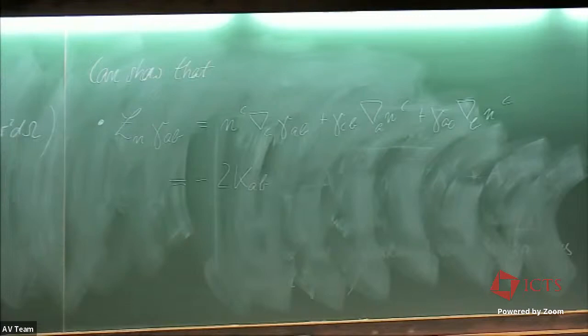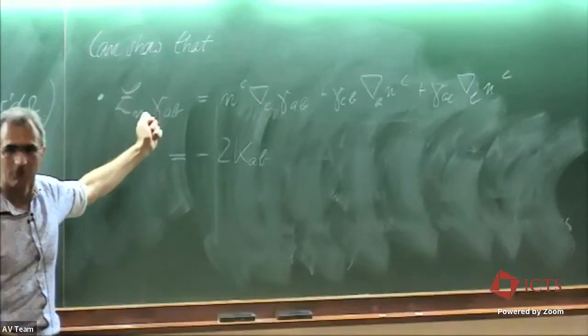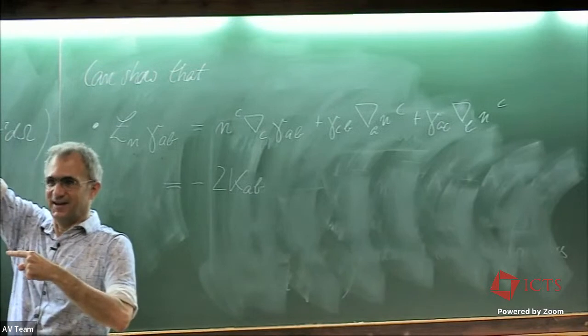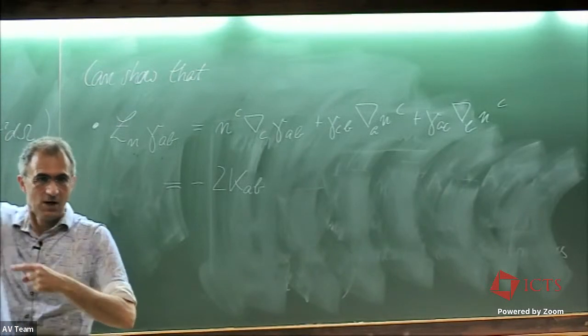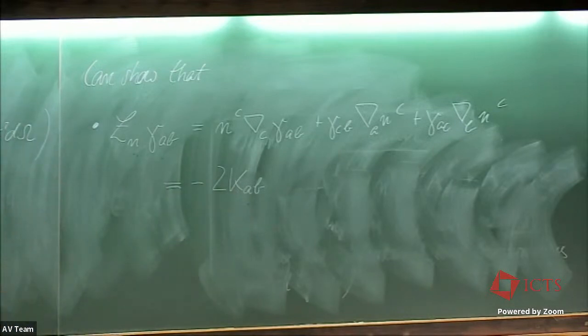But now this gives us a whole new interpretation of what the extrinsic curvature is. Namely, we can think of the extrinsic curvature as being related to the derivative of the spatial metric along the normal vector. But because the normal vector points to the future, that's like a time derivative.